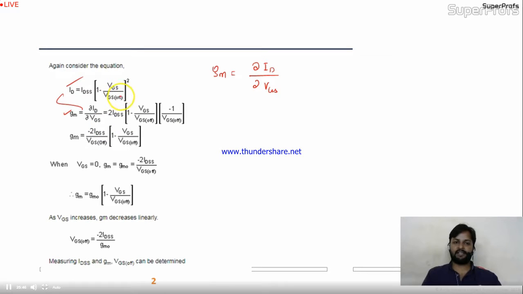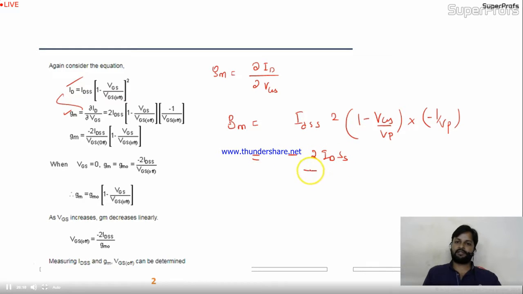When you differentiate it, GM will be IDSS constant, this 2 will come out, 1 minus VGS by VP into minus 1 by VP. Finally, you have 2 IDSS divided by VP into 1 minus VGS by VP. Now the condition is this GM will be max at VGS equal to 0.